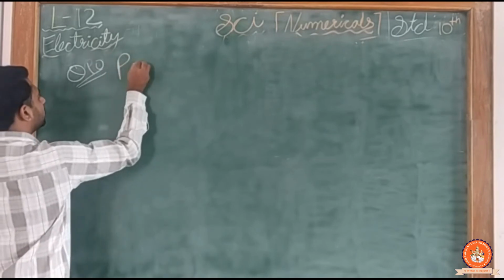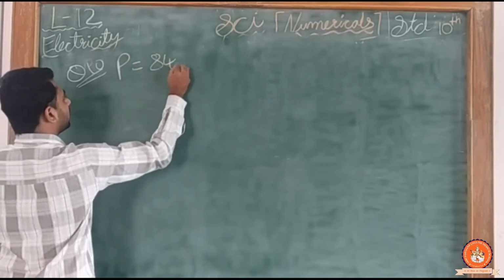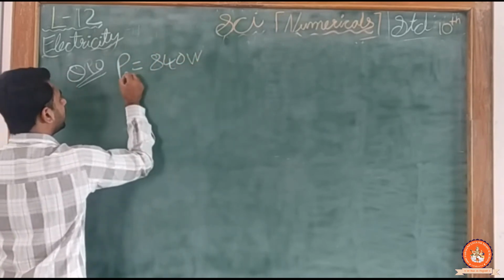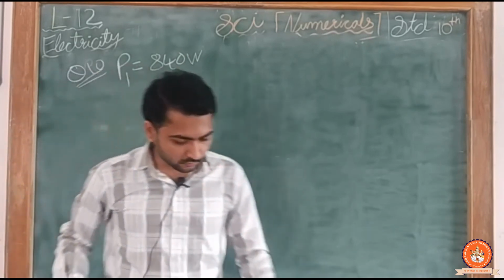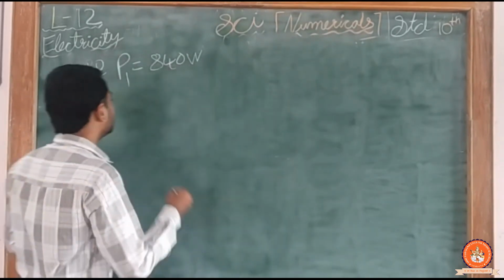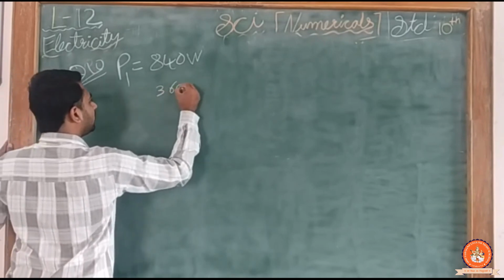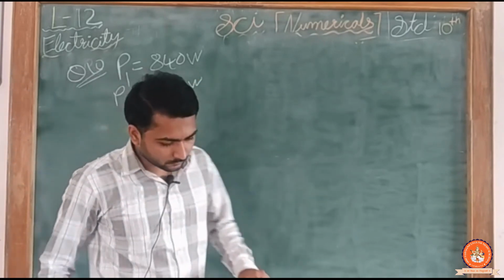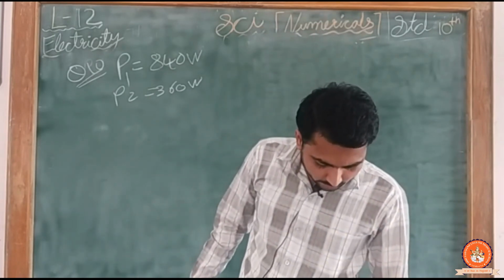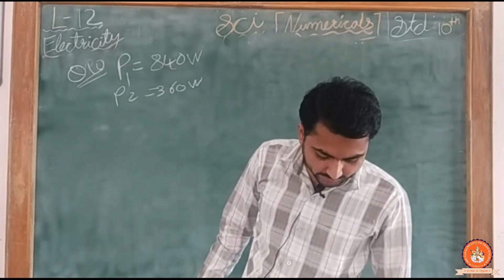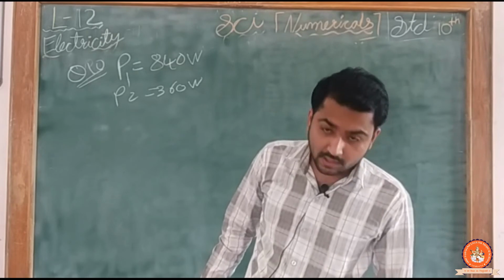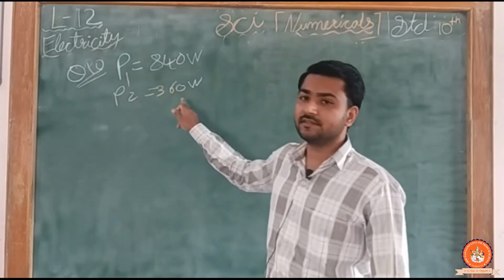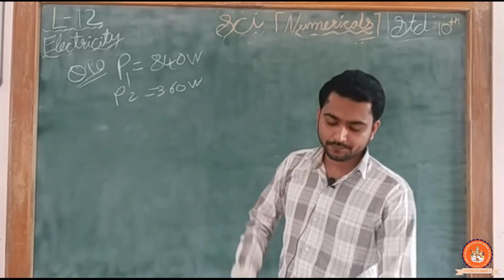P is equal to 840 watt. Okay. So this is my P1 because they give me P2, that is 360 watt. Okay, this is my P2. When the heating is at maximum rate and 360 watt when the heating is at minimum rate. This is my P1 and this is my P2, which is given in my book.